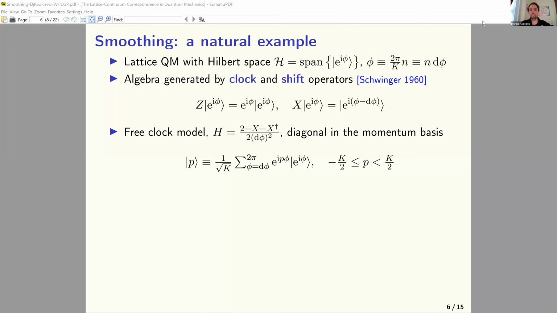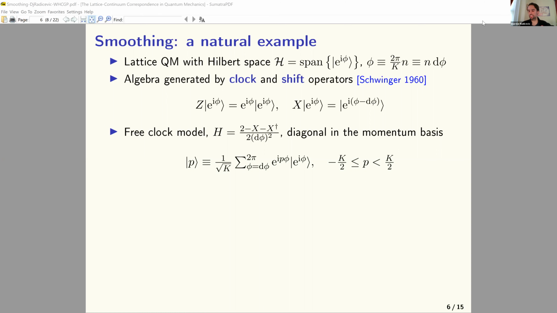Good. So the algebra of operators that act on this quantum system is nicely thought of as being generated by two operators, the clock and the shift operator. They have many names, and one of the first places where their usage has been stressed was this paper by Schwinger, which I cite here.